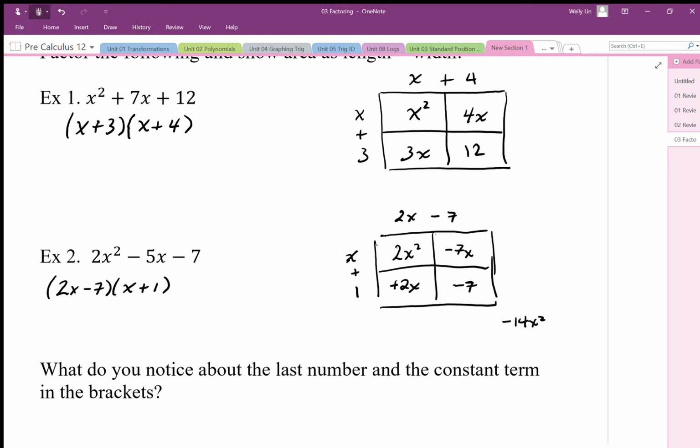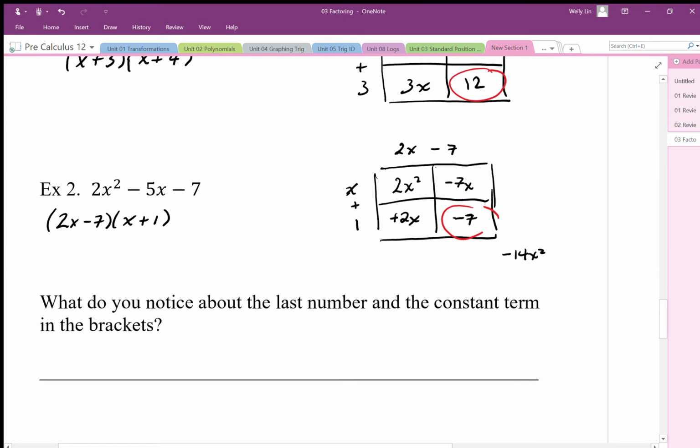So the last numbers are always going to give us the constant term. The constant term is always going to be a product of the last two numbers.